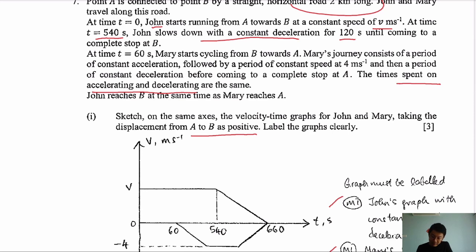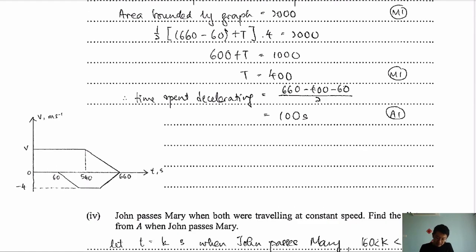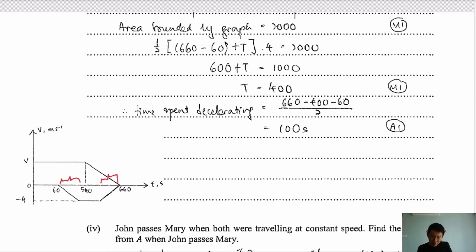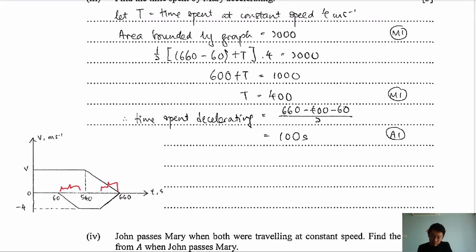So what we can see from the graph is that this part should be the same as this time. We can give it a name. Say t is the time spent at the constant speed, which is 4 meters per second. So let's call this time period t.